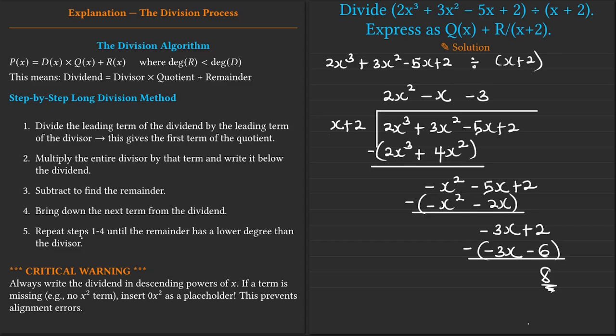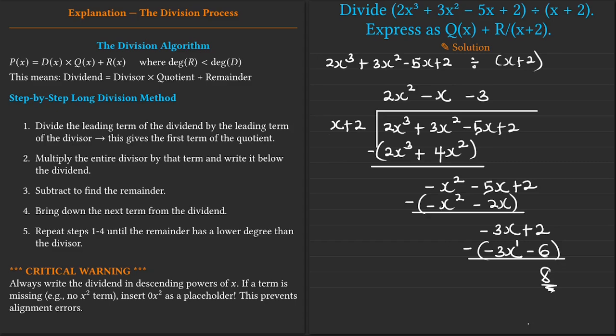You repeat these steps 1 to 4 until the remainder has a lower degree than the divisor. This is our divisor here. This was our remainder after the first step. You realize that this remainder has a degree which is higher than the degree we have here, so you'd still divide.